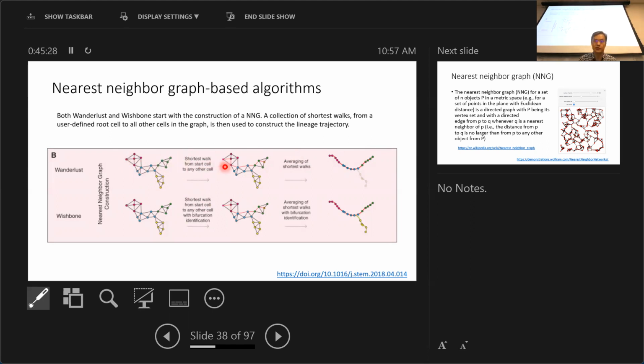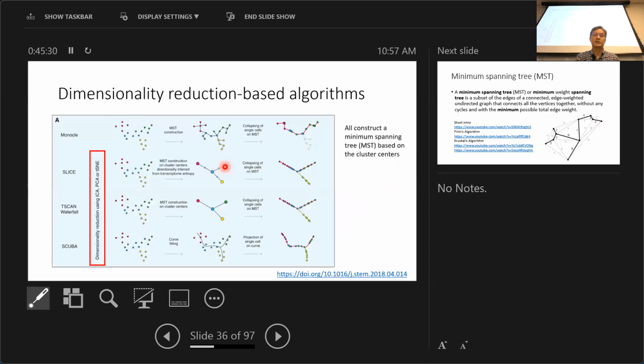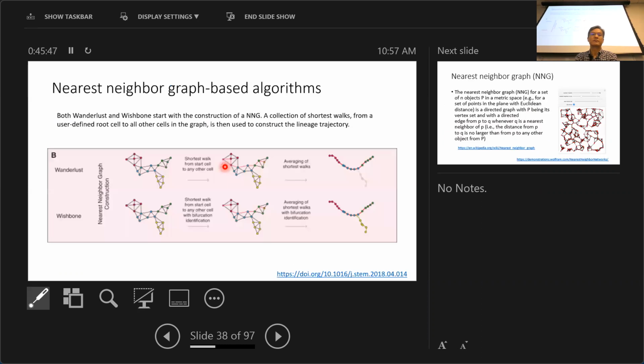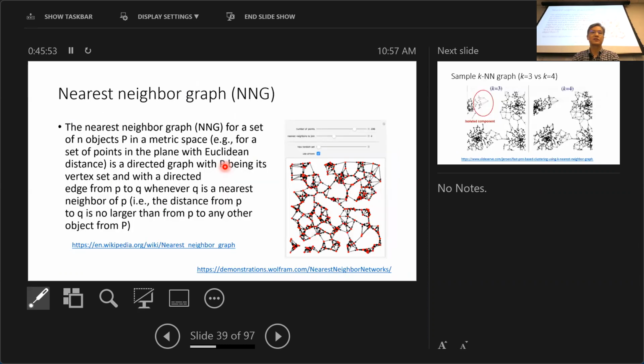And in this method, all the cells are distributed along this development trajectory. Then you can recover it using a minimum spanning tree, even though there are a lot of branches in the development. But those assumptions may not be true, okay? Probably every assumption is wrong.